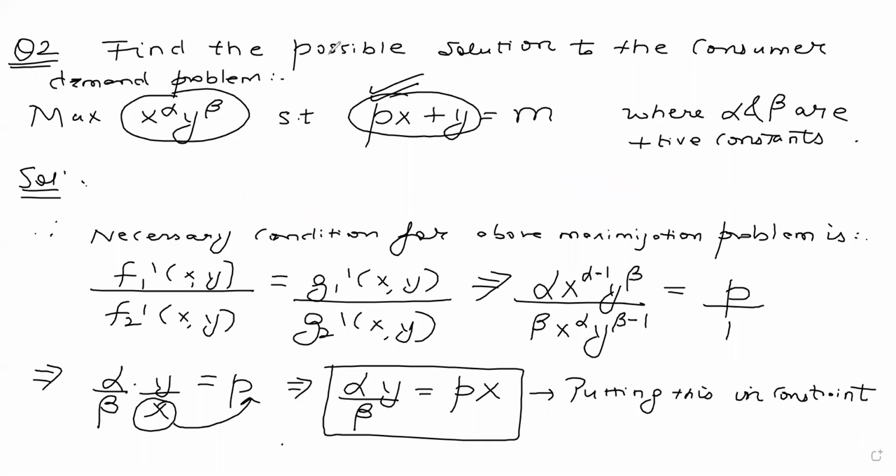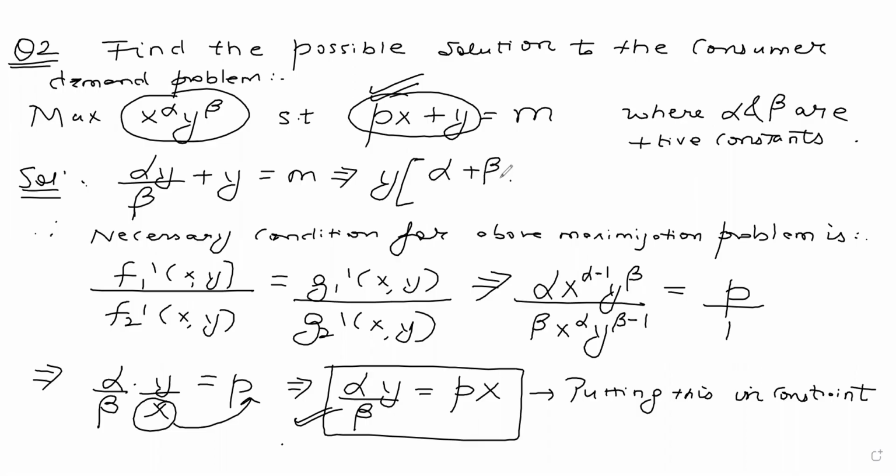So my px is nothing but alpha y by beta from this equation, plus y equals m. I can take y common on the left hand side, so I get y times alpha plus beta by beta equals m. My y star comes out as beta upon alpha plus beta times m.